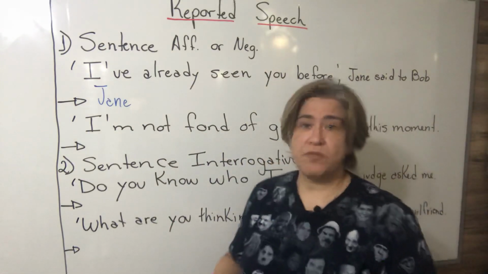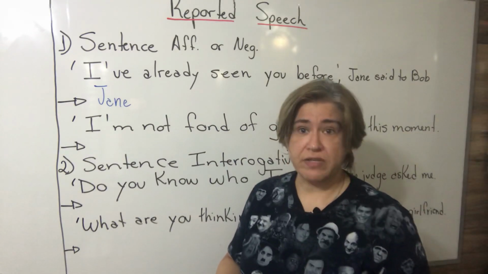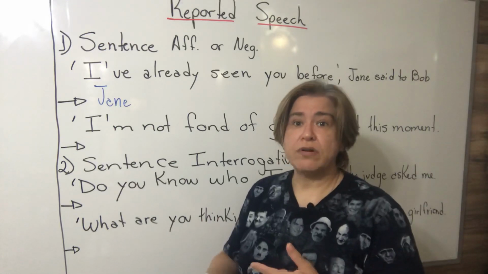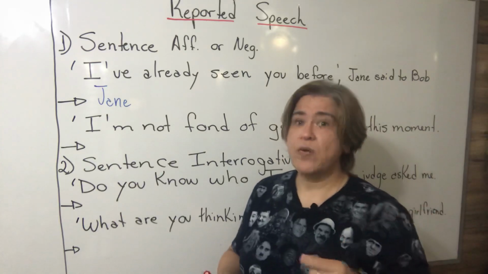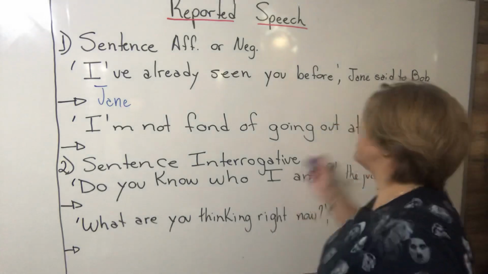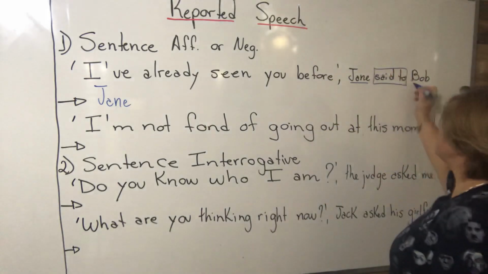Said is more used in direct speech. Since we are going to indirect speech, we are trying to copy or repeat the story that was told. We use the verb tell, so don't say said, especially because you have Jane said to Bob.